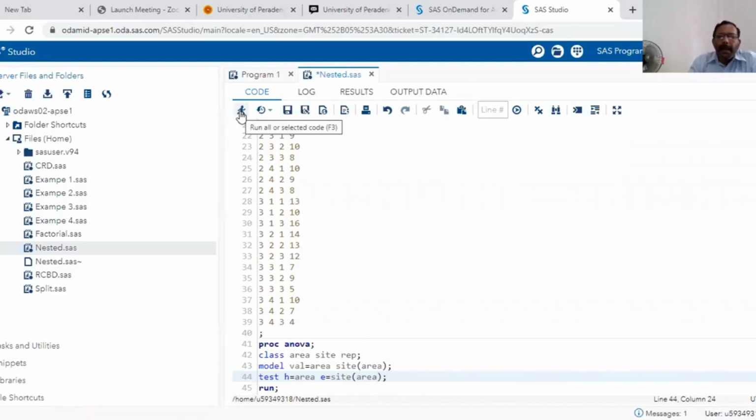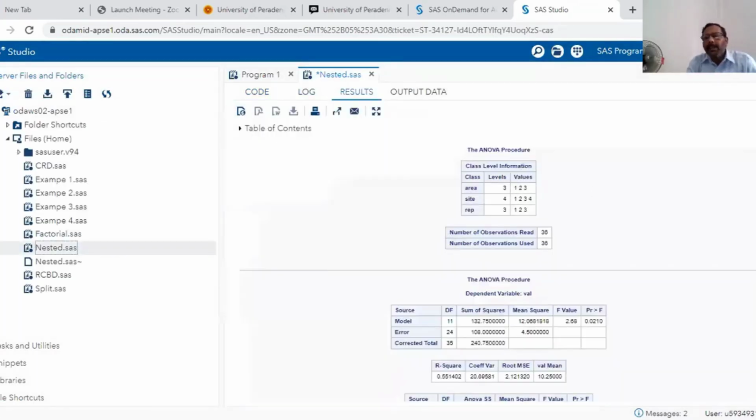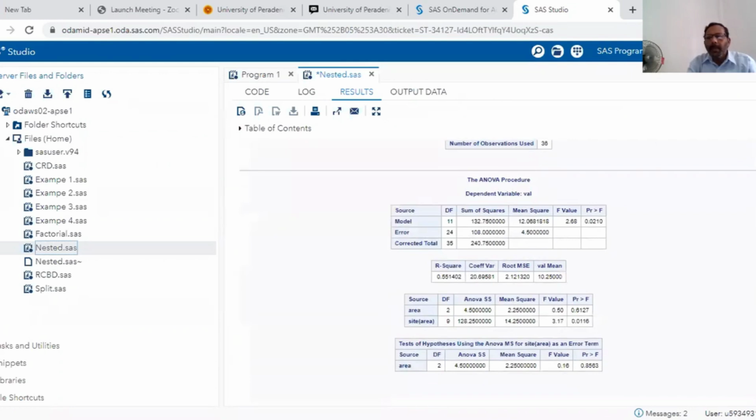I'm going to run the program and see what the output is. In addition to the earlier output, which you will get as usual, up to here you get something similar to the earlier one. This is a new one. You see: test of hypothesis using the mean square for site within area as an error term.